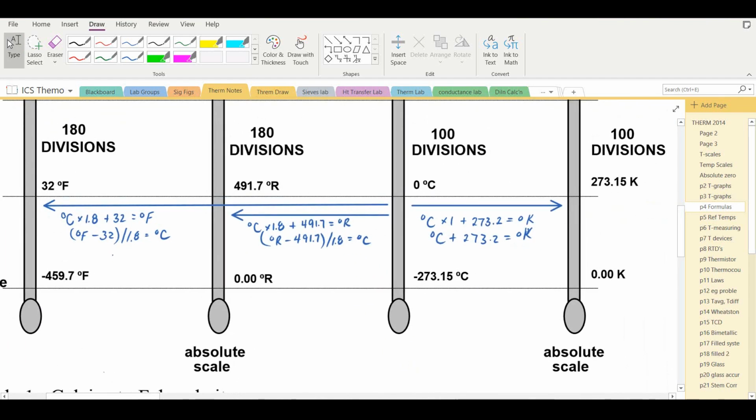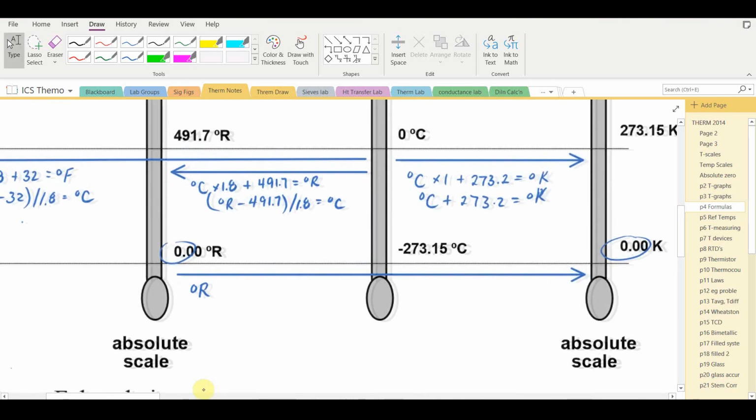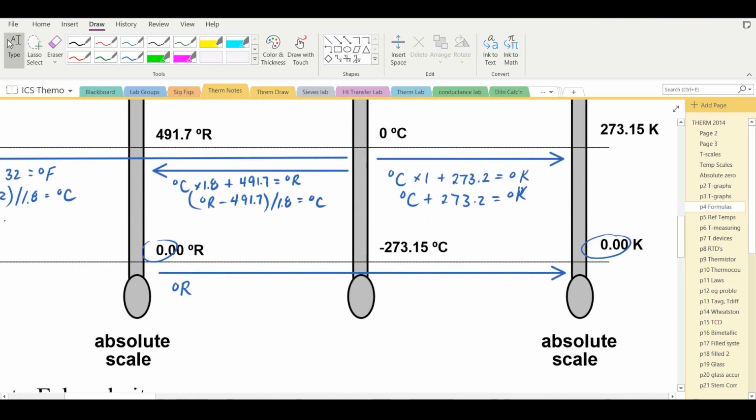Let's go from, say, Rankine to Kelvin. So we start at 0. Notice we could have started on the Rankine scale, we could have started on the Kelvin scale, but I'm choosing to go from the Rankine to the Kelvin. So it'll be degrees Rankine, and there's a sensitivity factor. Now going from Rankine to Kelvin, we're going to a less sensitive scale by a factor of 1.8.